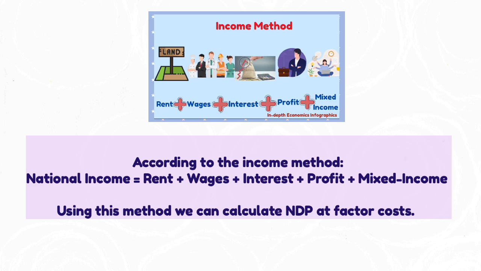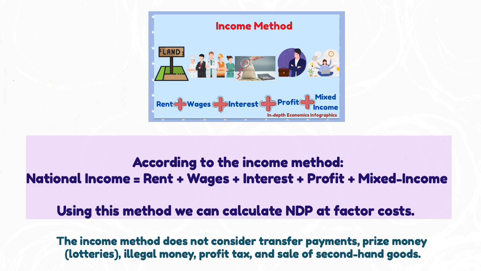Another important source of income is mixed income. What is mixed income? Mixed income refers to the income generated by self-employed professionals and sole proprietors like doctors, lawyers, accountants, etc. Using this method, we can calculate NDP at factor cost.